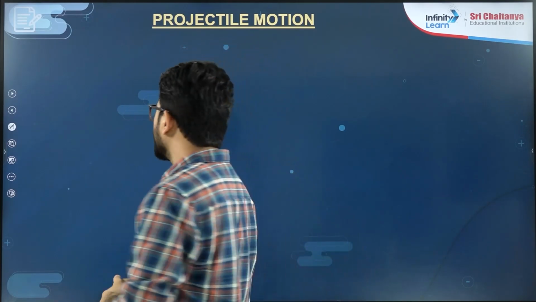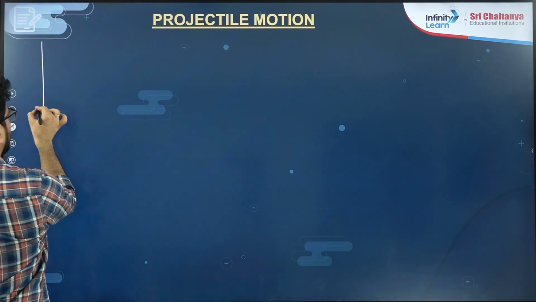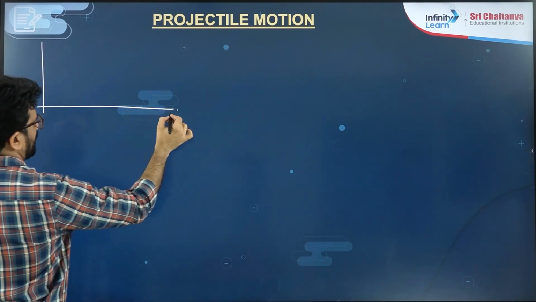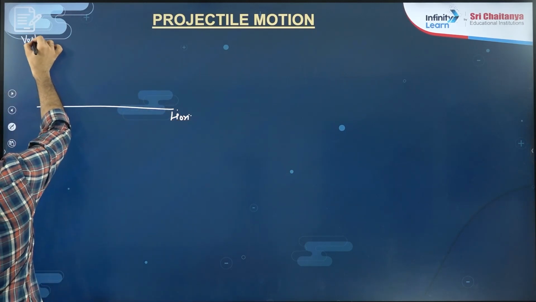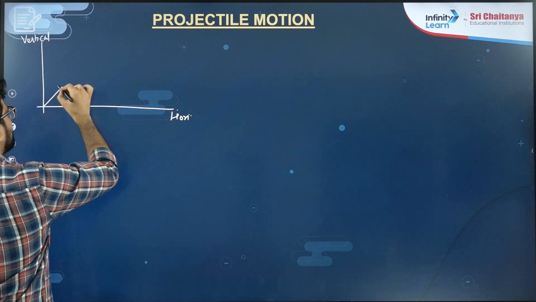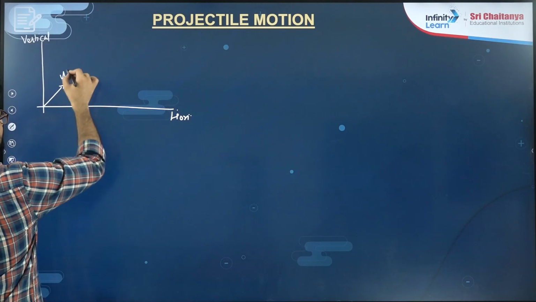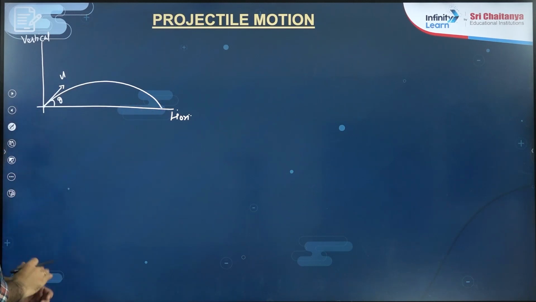When we are seeing projectile motion, you will understand. Suppose this is the horizontal direction and this is the vertical direction. One particle is projected from here with initial velocity u at an angle theta. This particle reaches from here to here.